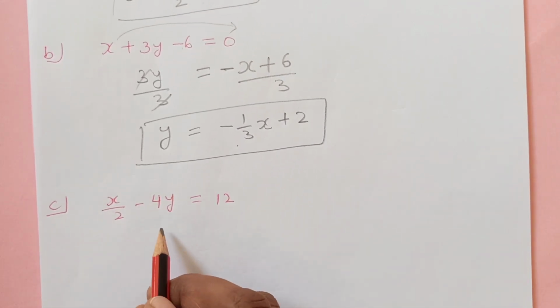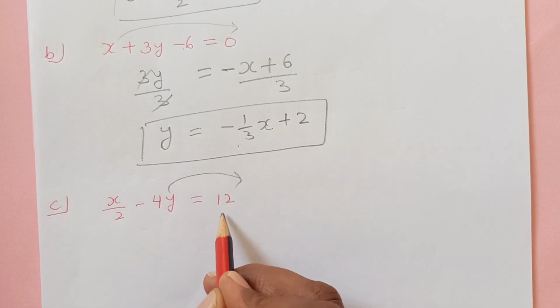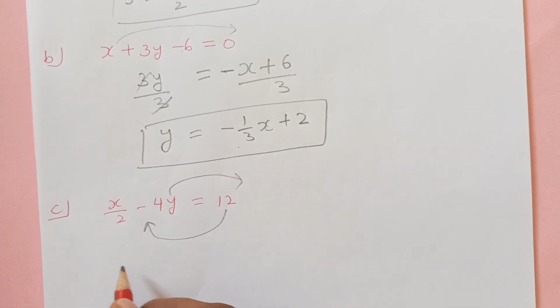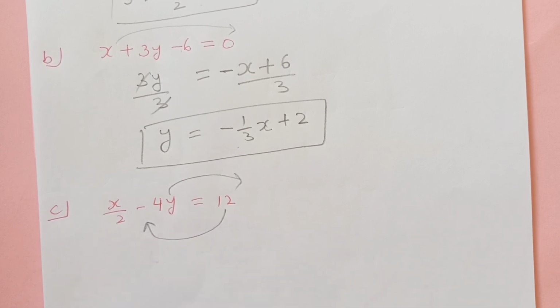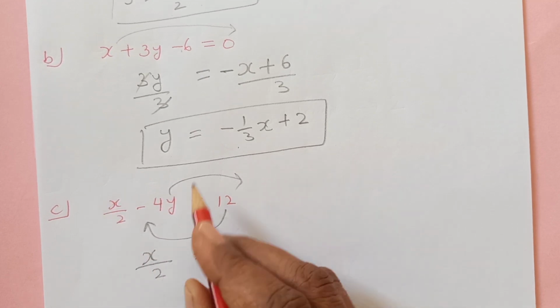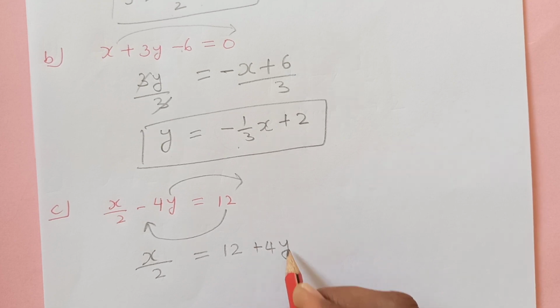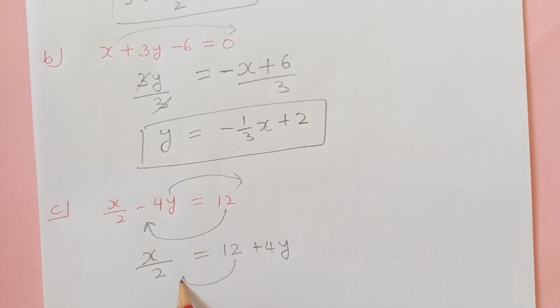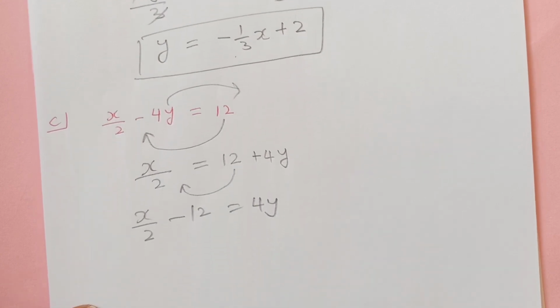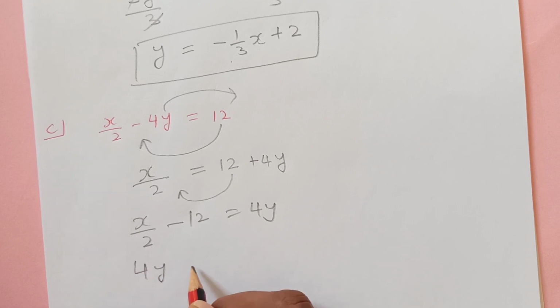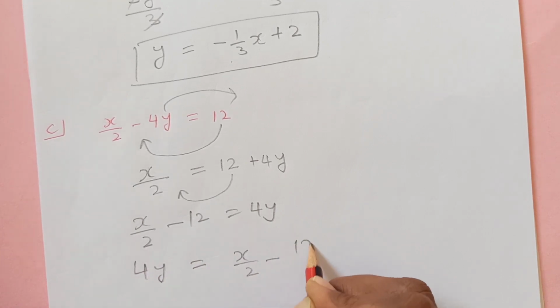Another form here. Now you see, it is easy to shift this and bring the 12 to this side. So we have x over 2 on this side, and I will write down 12 plus 4y, right? Now in the second step, you can shift this 12 to the other side. x over 2 minus 12 equals 4y. So I think you will not mind if I write 4y equals x over 2 minus 12, right?